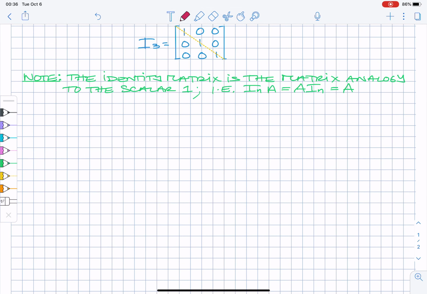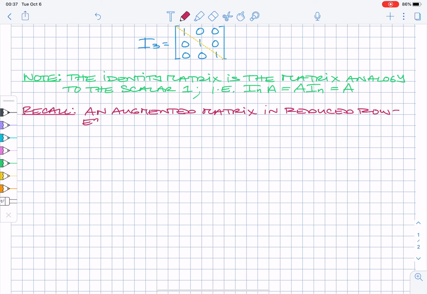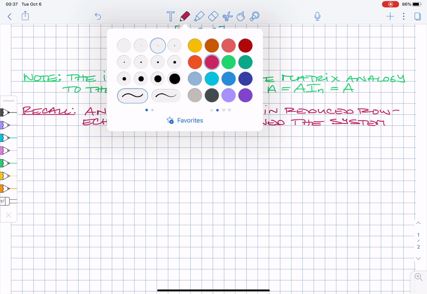So let's recall. Okay, so an augmented matrix in reduced row echelon form has solved the system. So what do we mean visually?